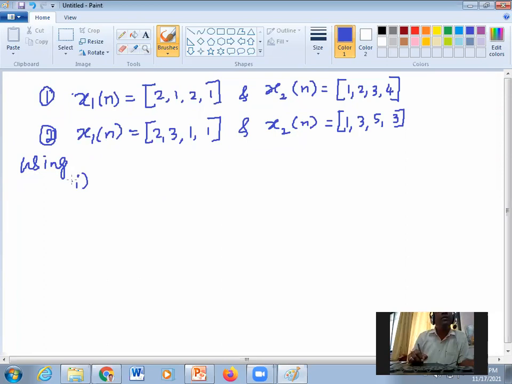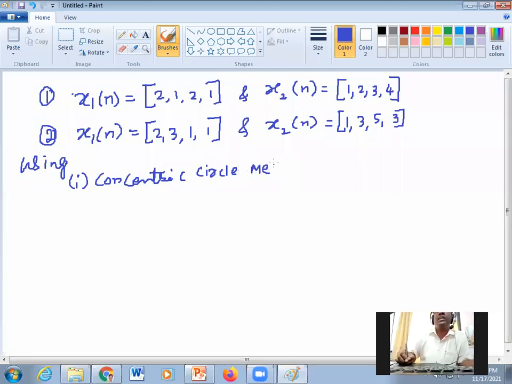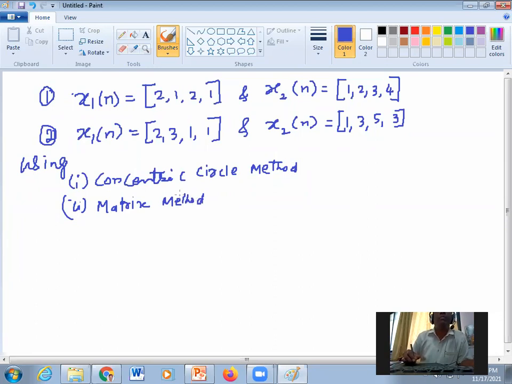Using first the concentric circle method, second the matrix approach method, and third the DFT and IDFT method.